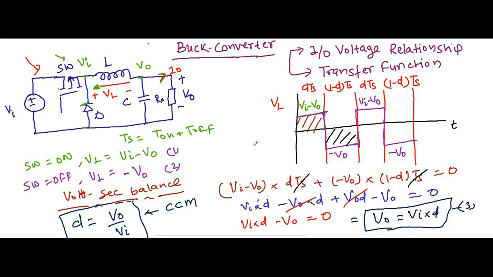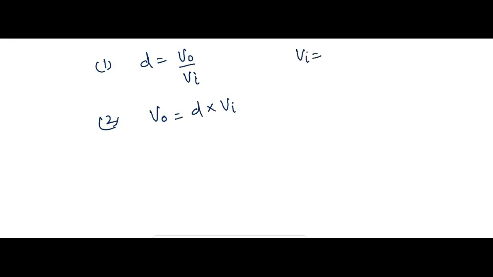Let's say you have an example here. Now you have two expressions. The first is the duty cycle D equals output voltage divided by input voltage Vi, and the second is that the output voltage is equal to the duty cycle times the input voltage Vi. Now let's say your Vi equals 12 volt and your V naught equals 5 volt, and you can easily find the duty cycle.